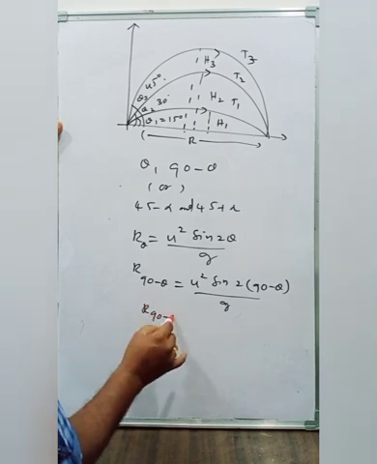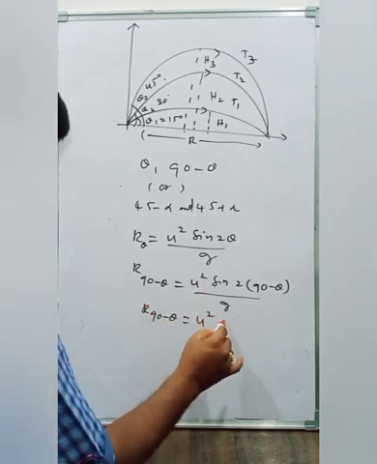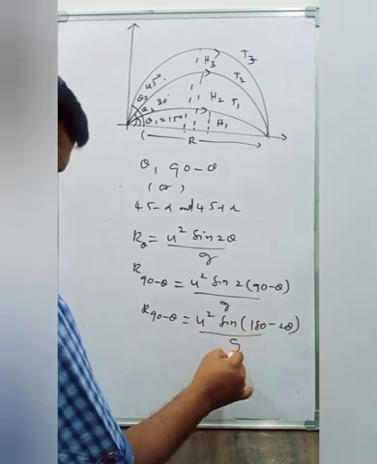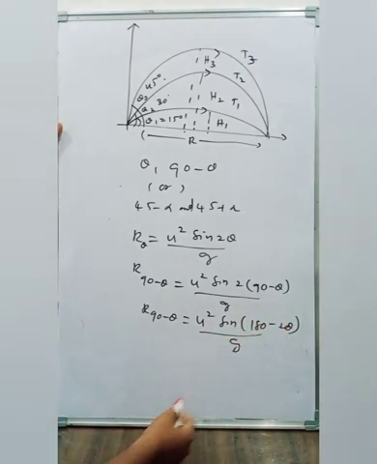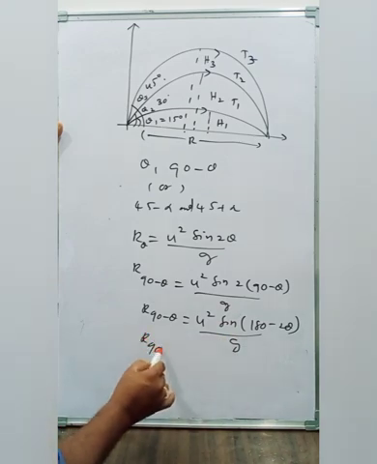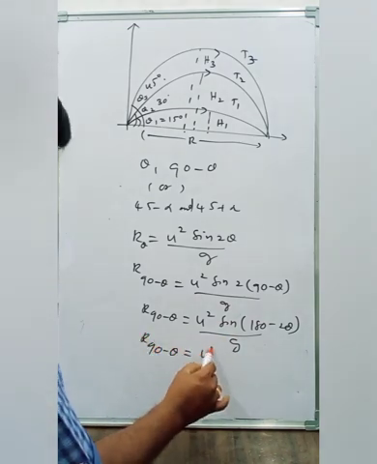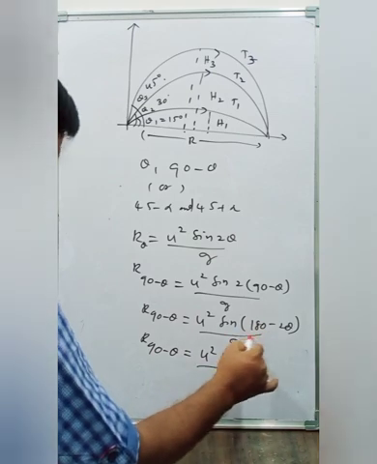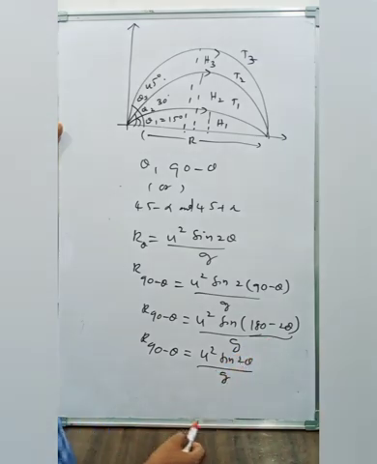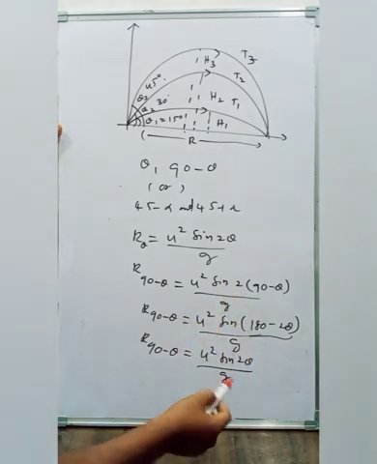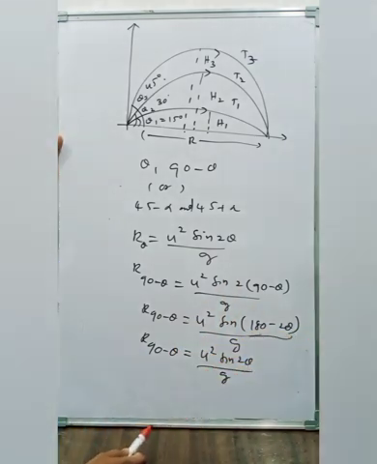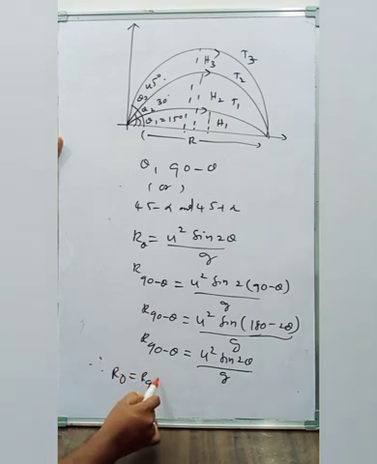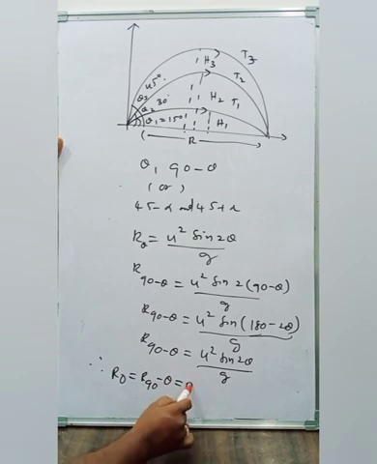Therefore R 90 minus theta is equal to U square sine (180 minus 2 theta) by g. Sine (180 minus 2 theta) is sine 2 theta. Therefore R 90 minus theta is equal to U square sine 2 theta by g. In all quadrants, sine (180 minus theta) gives sine theta only. So here 2 theta is there, so sine 2 theta. Therefore R theta is equal to R 90 minus theta, R only.